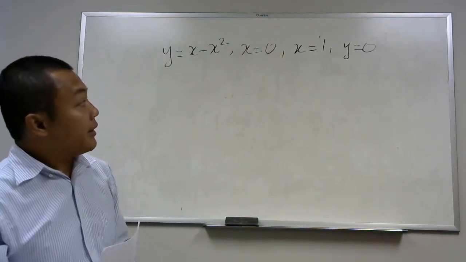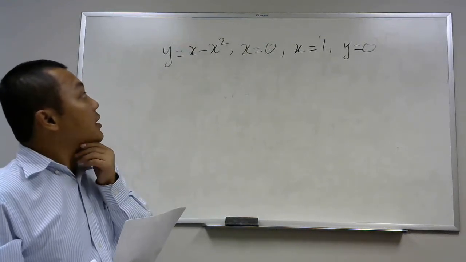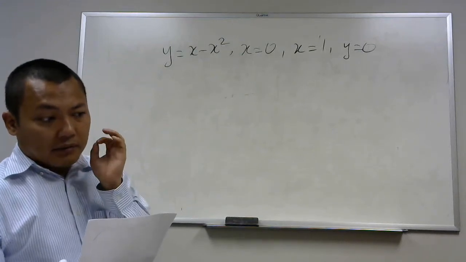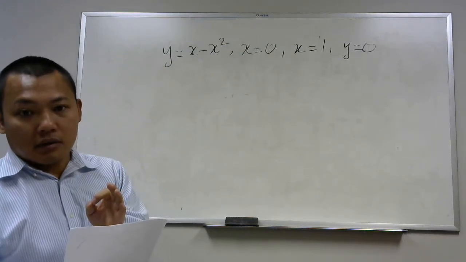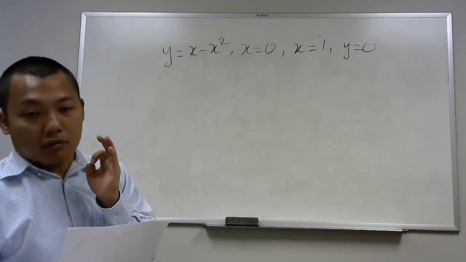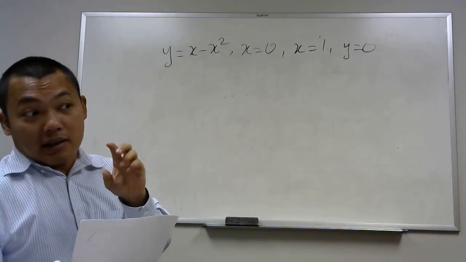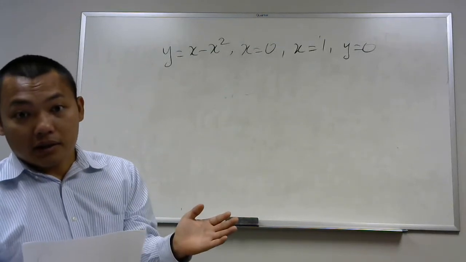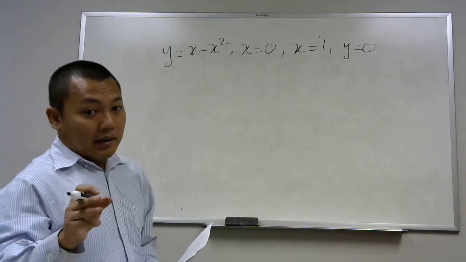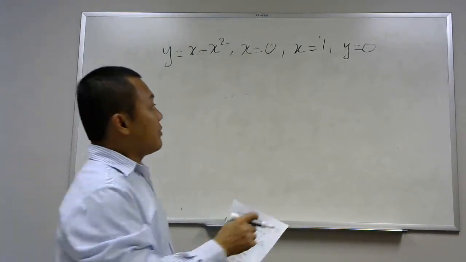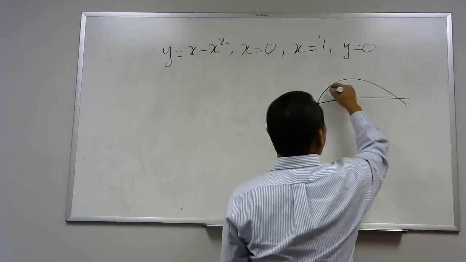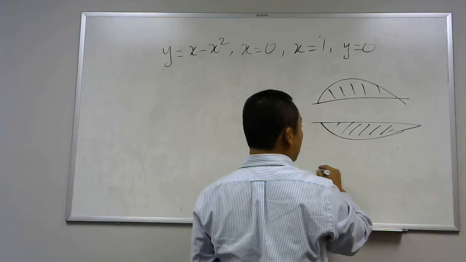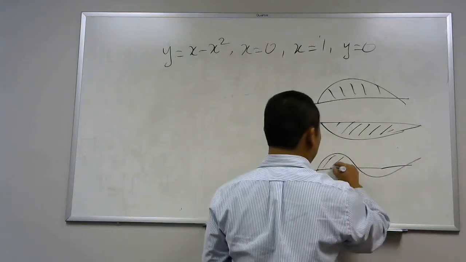And don't forget, as I mentioned when we studied this problem, first we need to understand the graph of the function, because if we have a wrong understanding about the graph, we might have a wrong understanding about the region, and so we have a wrong area. Make sense? Let me remind you about those pictures. Maybe we have something like that, right? And sometimes we have the area like this, but sometimes we might have the following things.